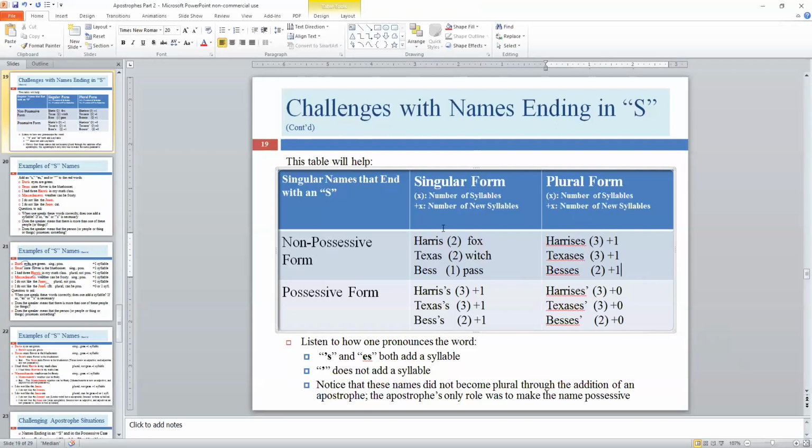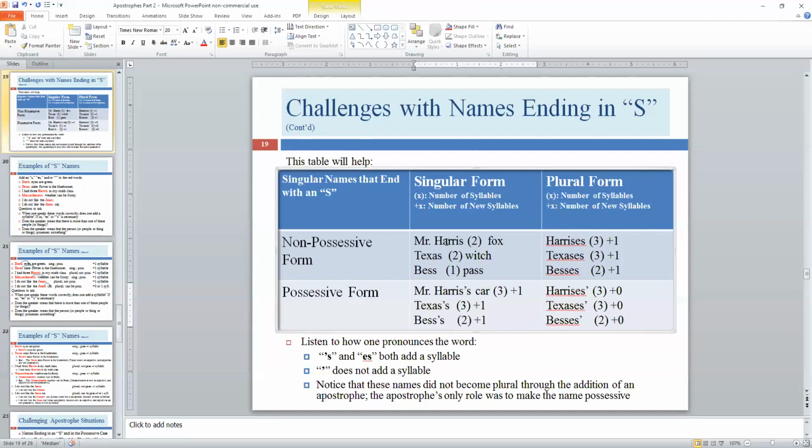Okay, now let's talk about the singular form and the possessive. So now we're back to one Harris. Let's say we had Mr. Harris here, and we now have Mr. Harris's car. We do add a syllable, right? So we had Mr. Harris. Now we're talking about Mr. Harris's car.